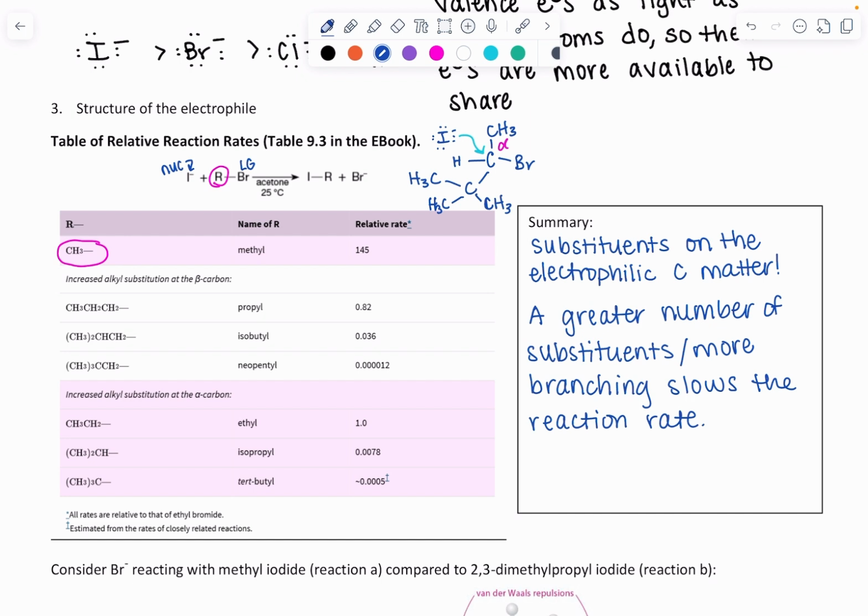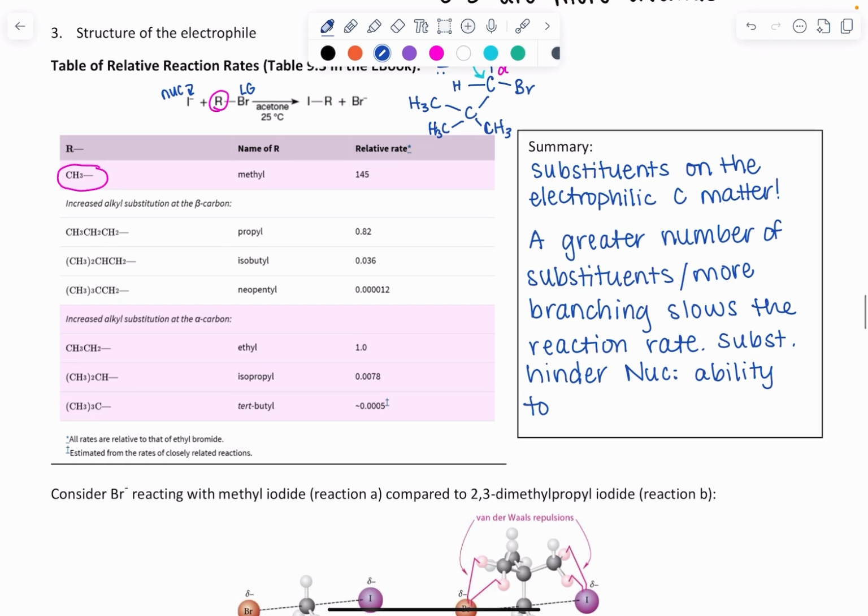And we'll say substituents hinder nucleophiles' ability to collide with the electrophilic carbon.